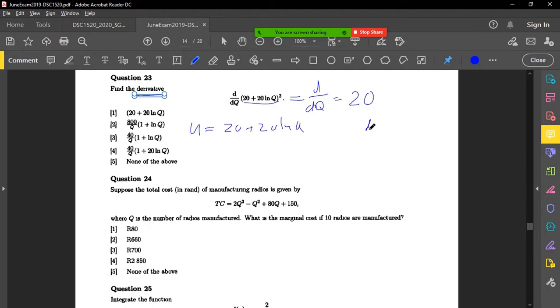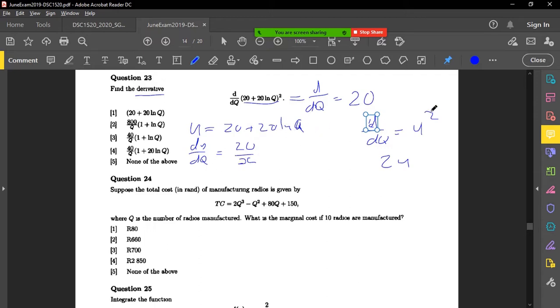Then the derivative of u squared will be 2u, and du over dq is the derivative of this. ln x becomes 1 over x, so it'll be 20 over q.